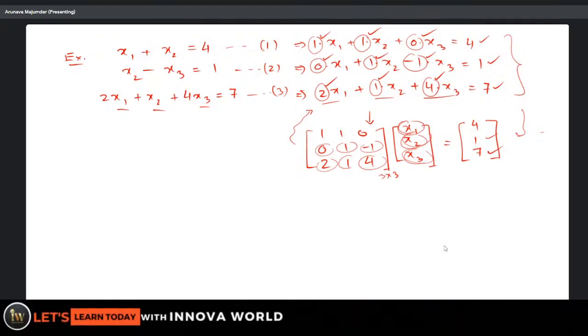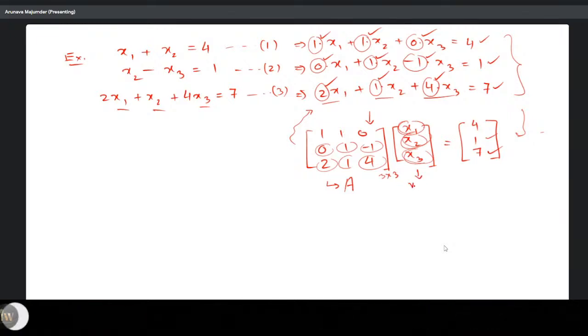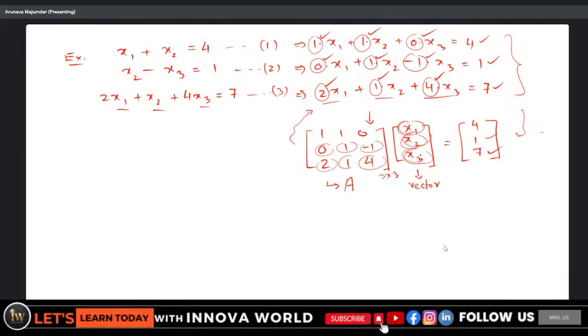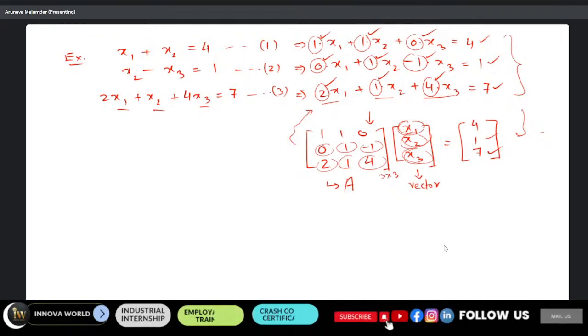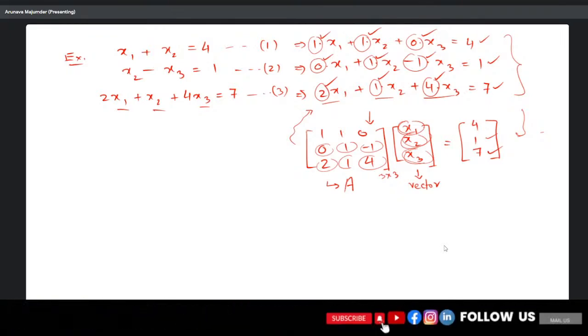This matrix is called the coefficient matrix, generally represented as A. This matrix is called a vector, that is x1, x2, x3. After solving this equation we will get three values: the value of x1, the value of x2, and the value of x3, if they exist. Not every system of equations has a solution.